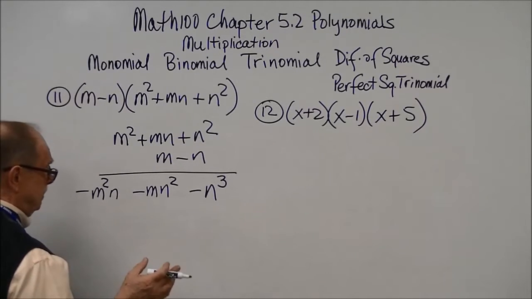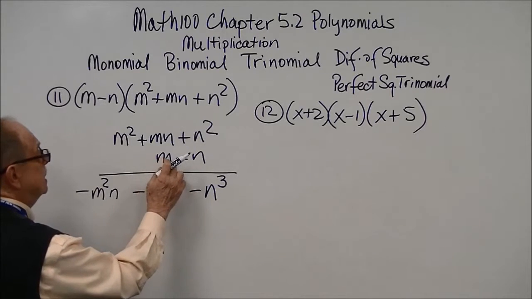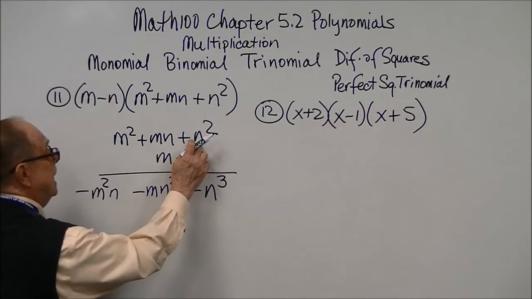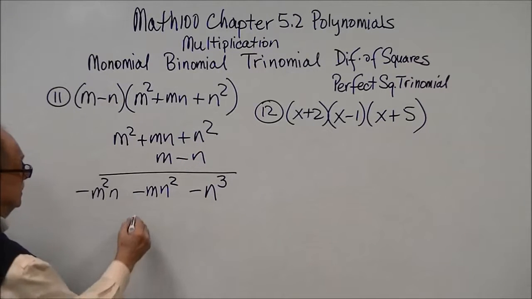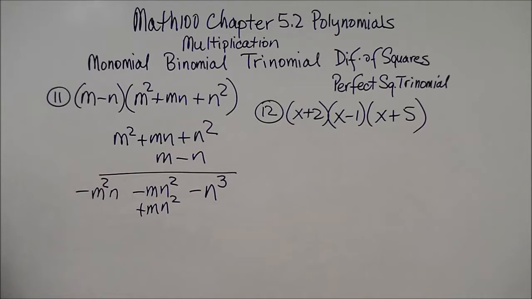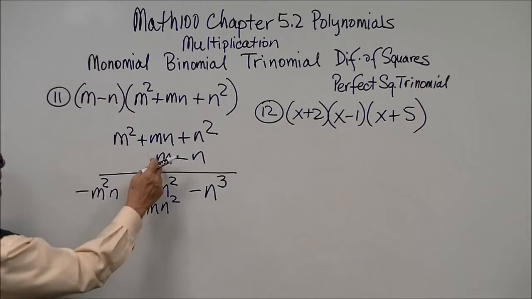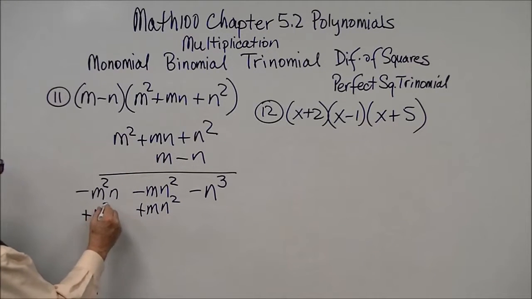Now again, we want to keep like term columns. So m times n squared is a positive mn squared. Put it under the right like term column. This times this gives me a positive m squared n.